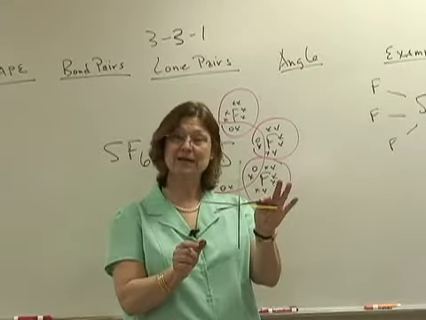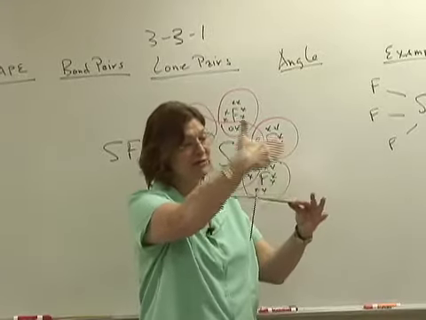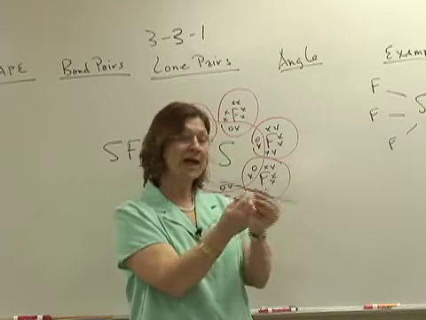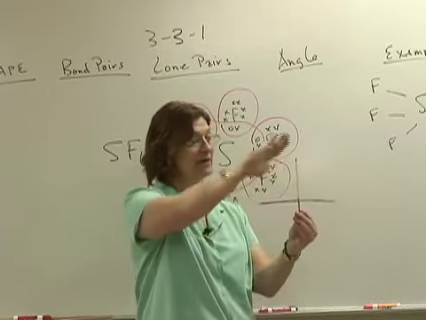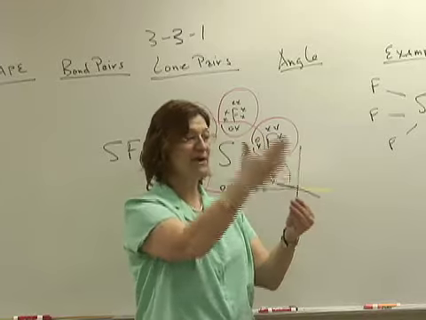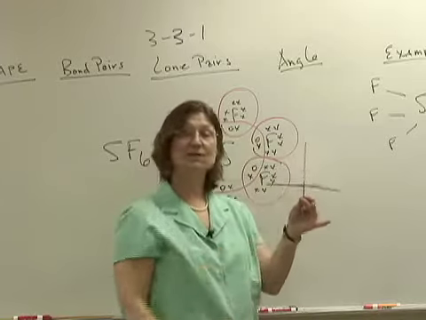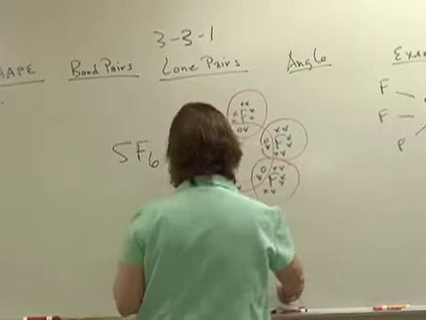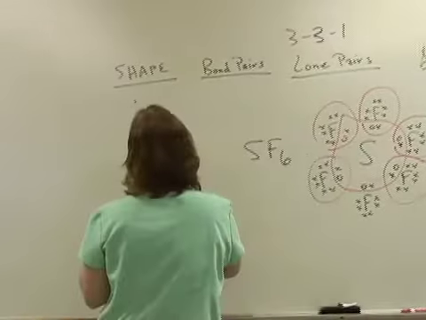Now, in this representation, if we imagine that there's a side on each one of these, notice that we have a square in the middle. And so if we look at this and we have a side on each one, we would have 4 sides and 4 sides, which would give us 8 sides, and we call this an octahedral.